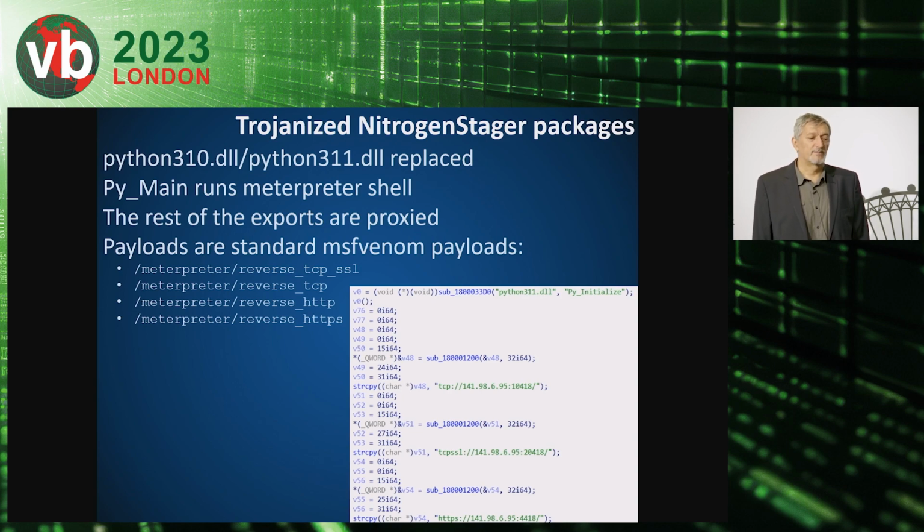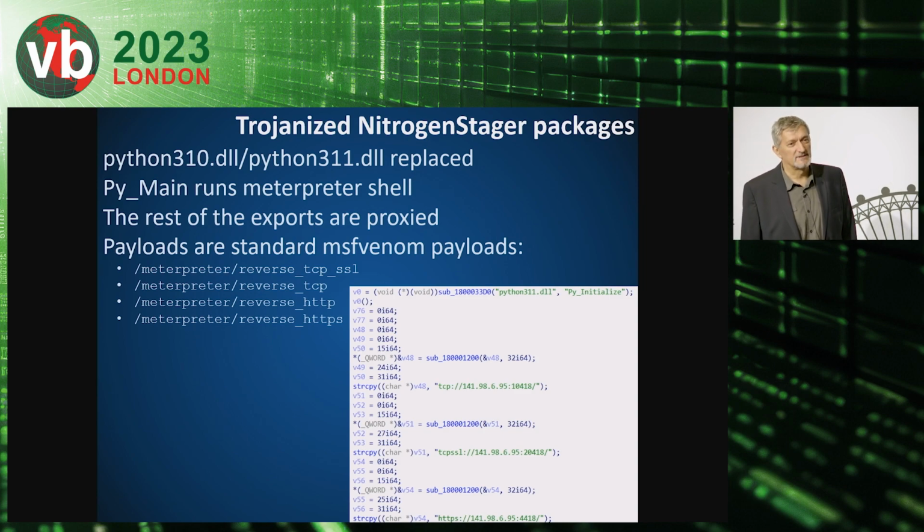The main function, pymain, runs the Meterpreter script loader. The rest of the exports are forwarded to the renamed and copied original Python DLL file. And the payloads themselves are the Python implementations of Meterpreter reverse shells: TCP, TCP over SSL, HTTP, HTTPS.